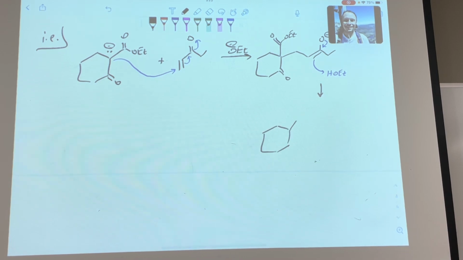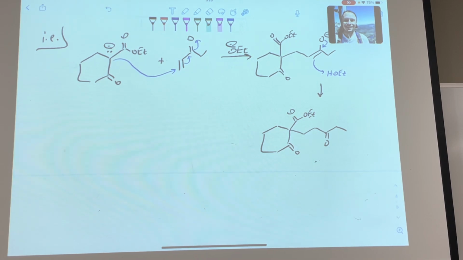And that should give us the Michael product. Yeah, something like that. Now we can verify this. Here's the carbonyl of the donor, 1, 2, 3, 4. It is a 1,5-dicarbonyl, so that is a good Michael product.